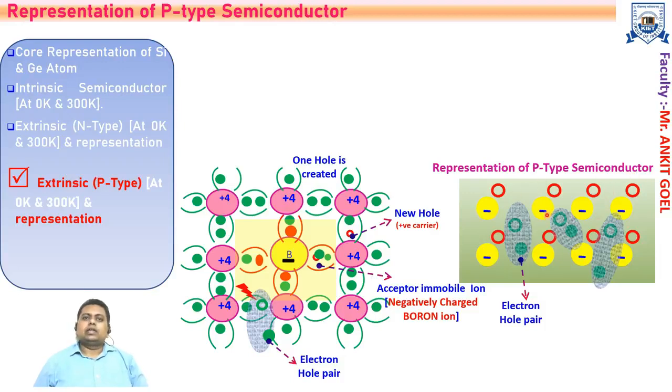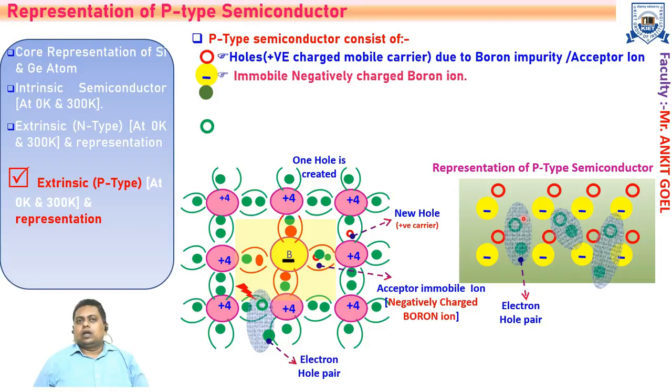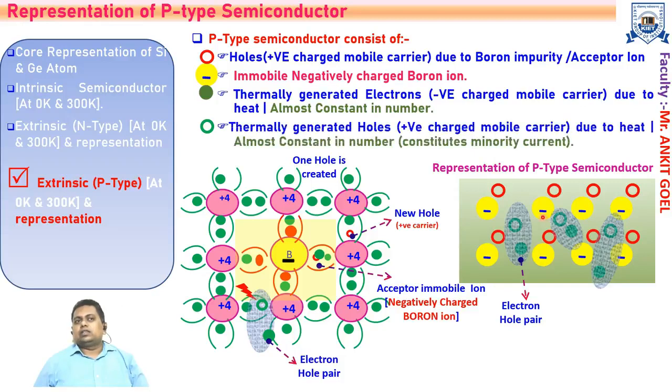In the p-type semiconductor, we have electrons and holes; these are the electron-hole pairs. So we have again the types of charges: the holes corresponding to each boron atom, and the immobile negatively charged boron ions. We have the thermally generated negatively charged electrons and thermally generated holes, positively charged mobile carriers, which are generated due to heat, and they are very few in number, right?